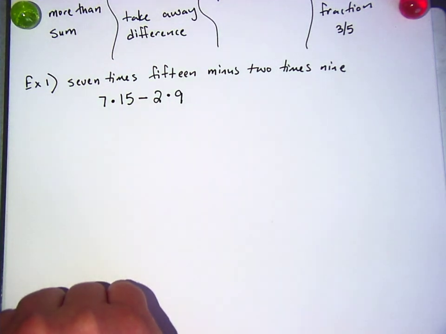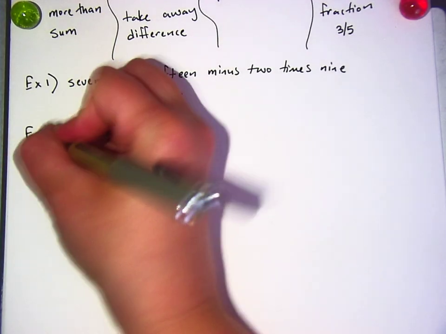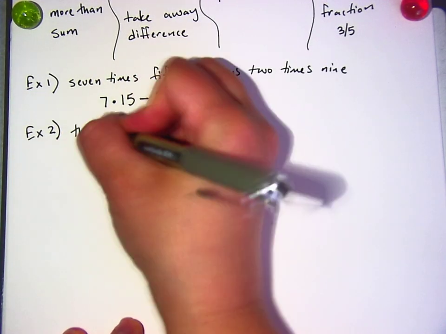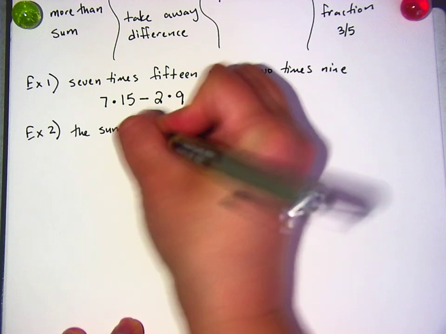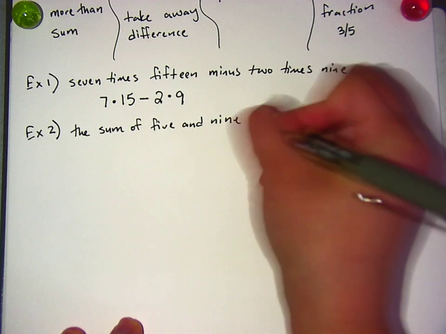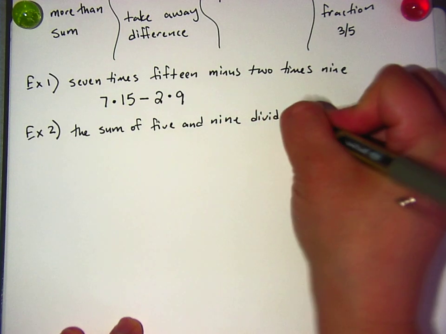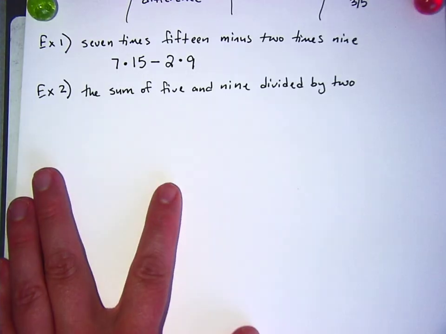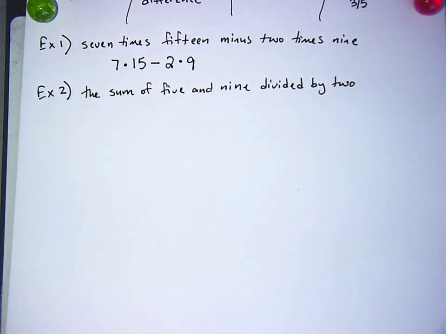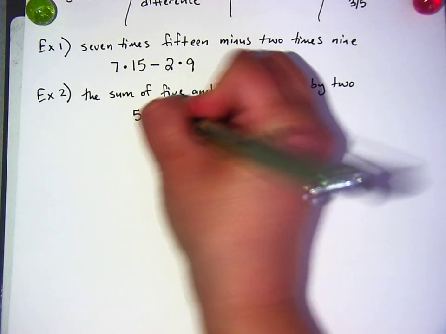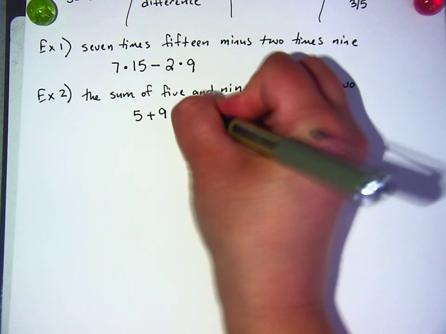Yeah. Okay. One thing that I need to warn you about is this. If there's a question where it says something like the sum of 5 and 9 divided by 2. Okay, sum means add, so that would be 5 plus 9 divided by 2.